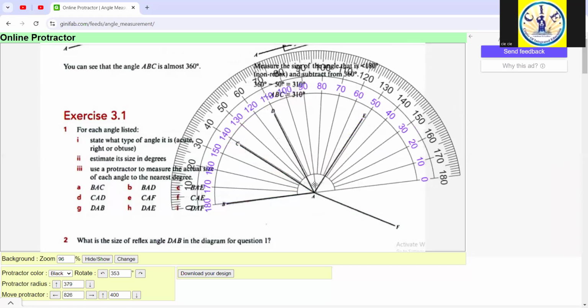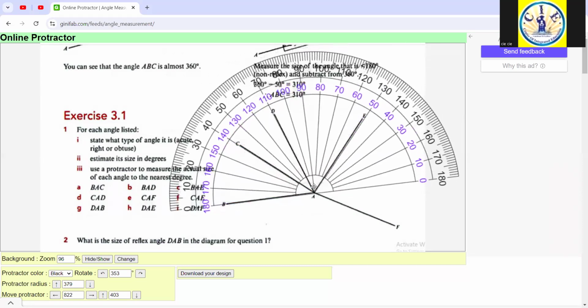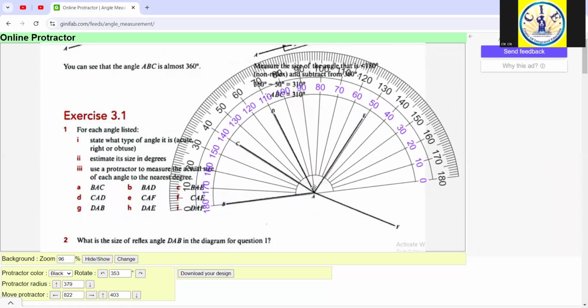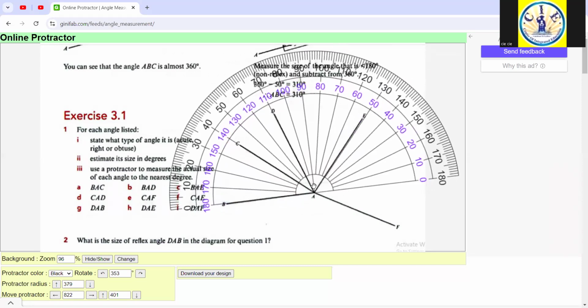We need to place the center of the protractor at the common vertex of the rays BA and CA. So that common point is A.